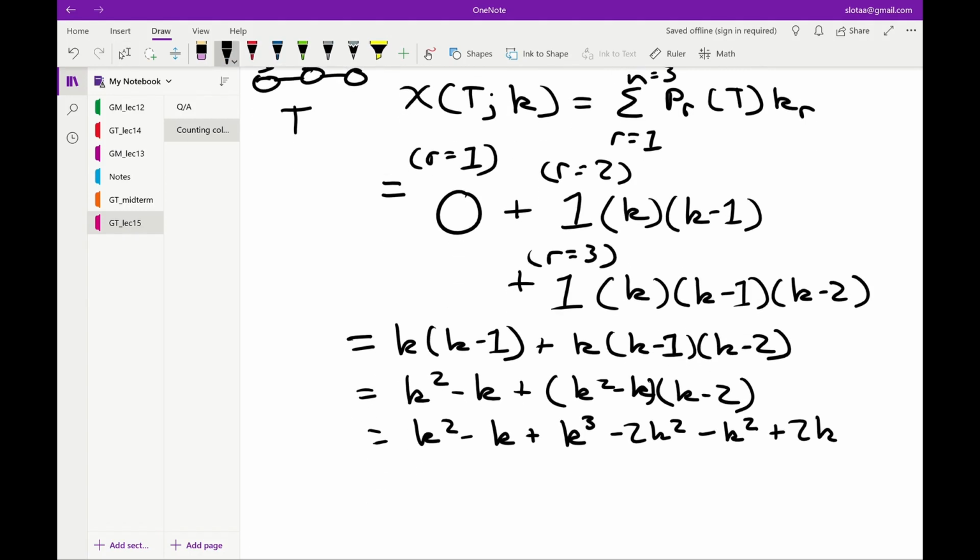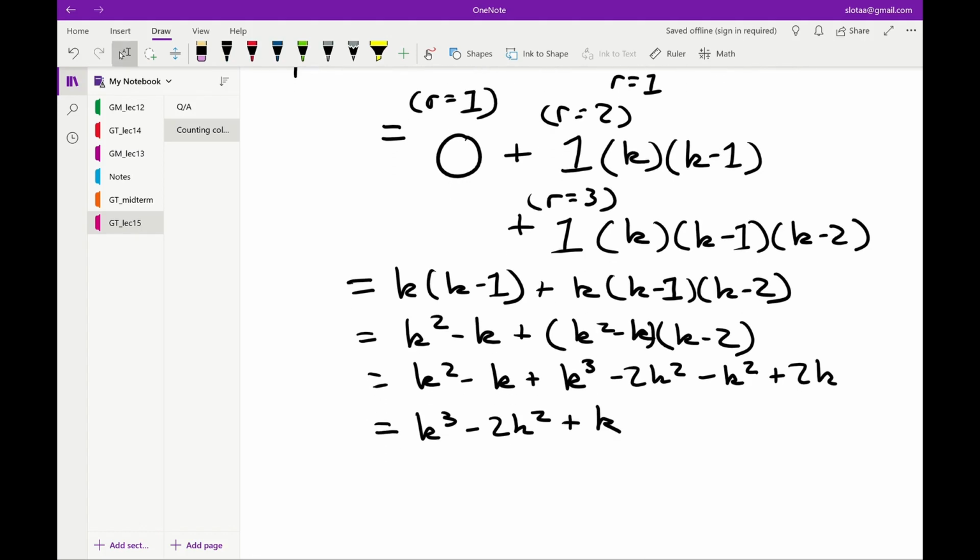And let's reduce this: k cubed, so minus 3k squared plus k squared, so minus 2k squared, minus k plus k.